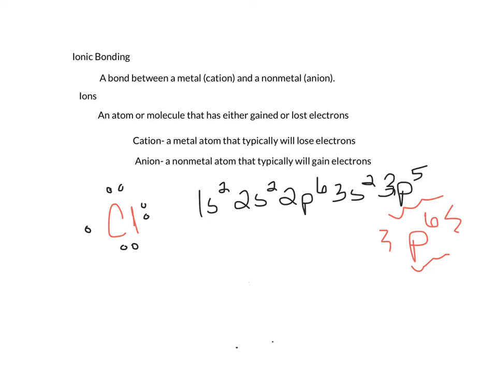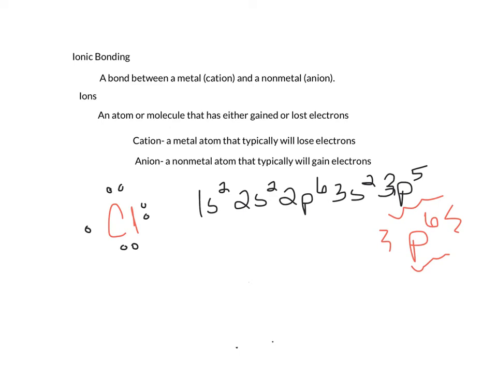So in order to do that, it is very electronegative. Remember we talked about electronegativity, and that elements that are near fluorine, the halogens, are very electronegative because they want to fill their outer shell, and so they will tend to steal electrons from other elements to attain the 8.